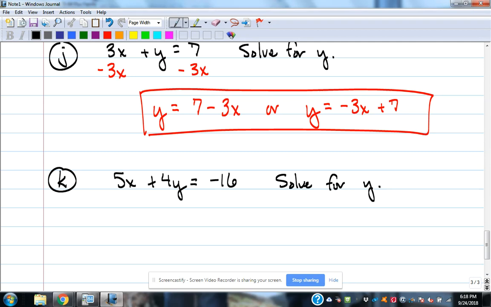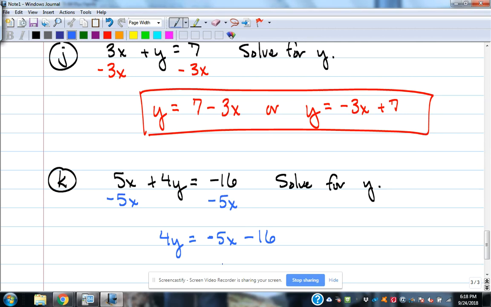What would be our first step? Okay, how do I do that? Subtract 5x because it's a positive 5x. I'm going to subtract it. So that's going to give me 4y is equal to negative 5x minus 16.